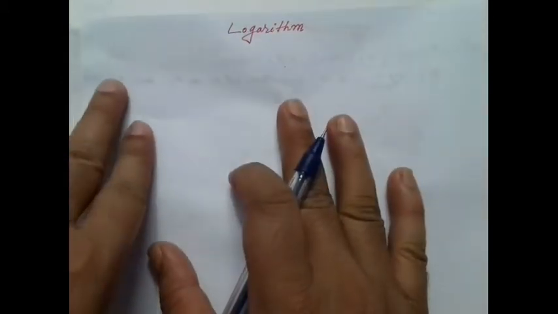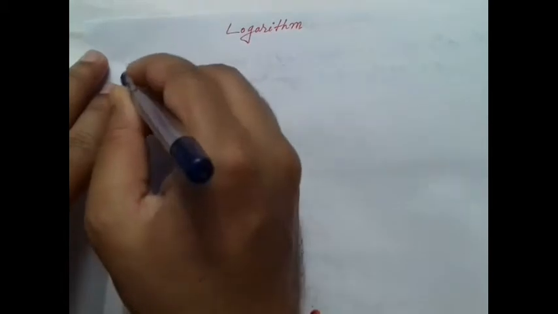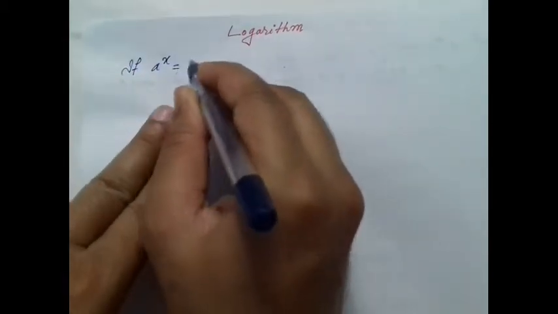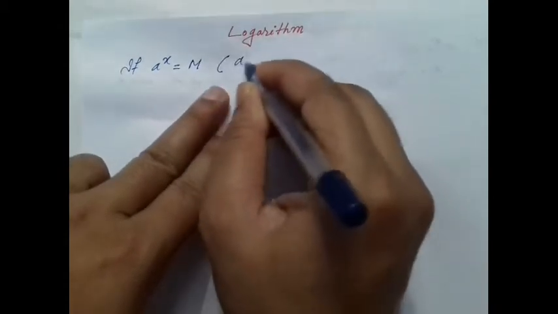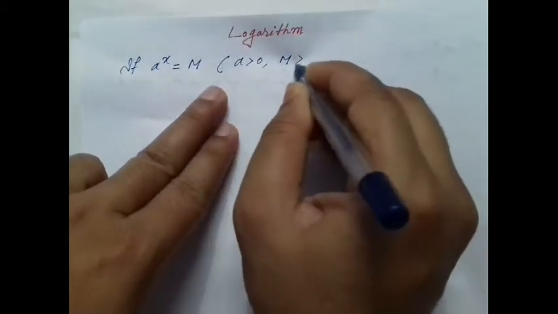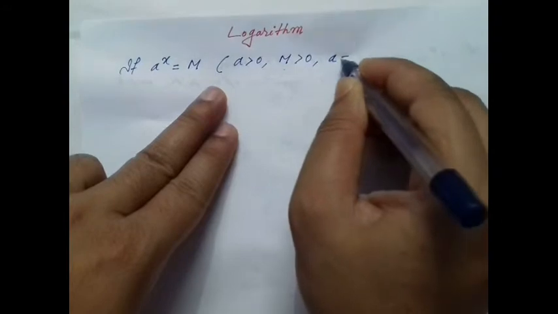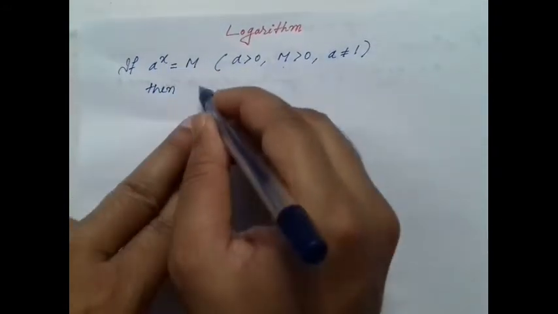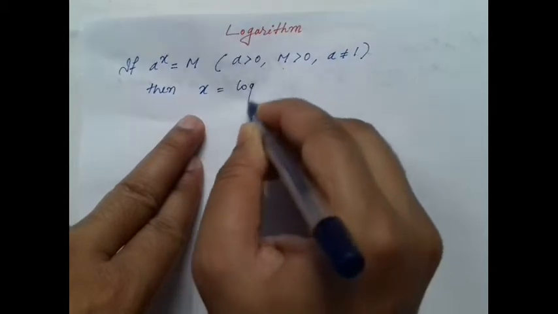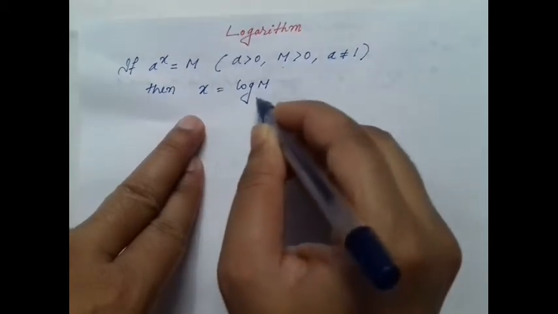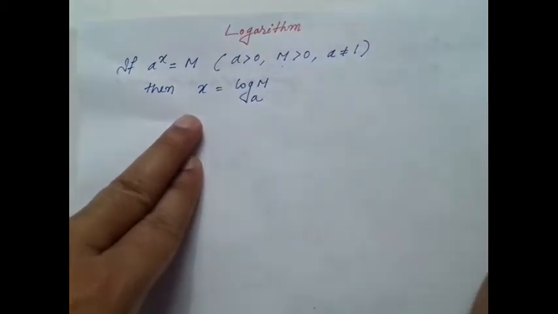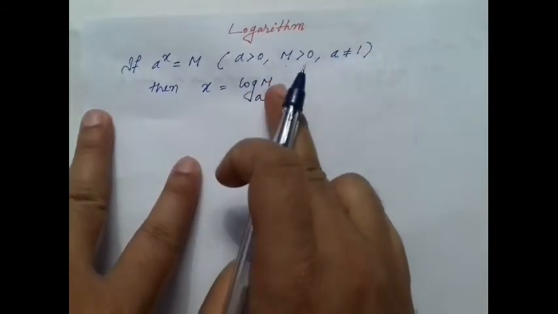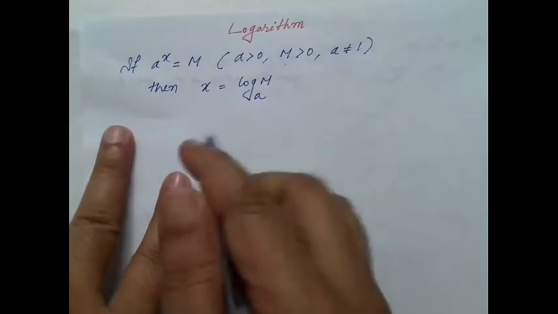Now we have to take the definition of logarithm. If a to the power x equals m, where a is greater than 0, m is greater than 0, and a not equal to 1, then the power x can be written as x equals logarithm of m to the base a.